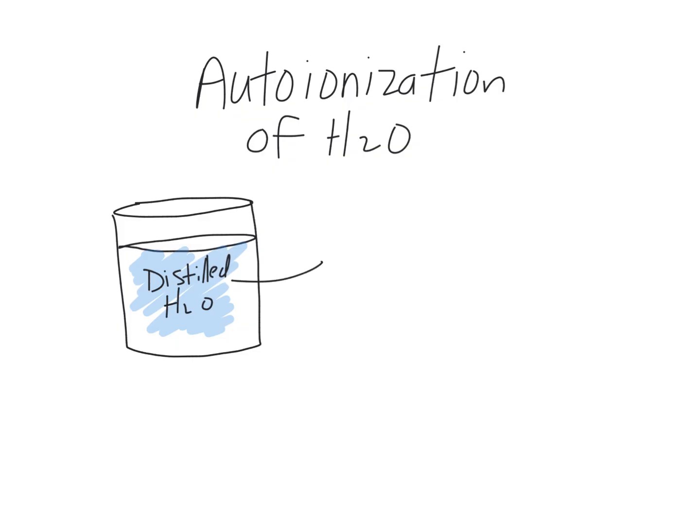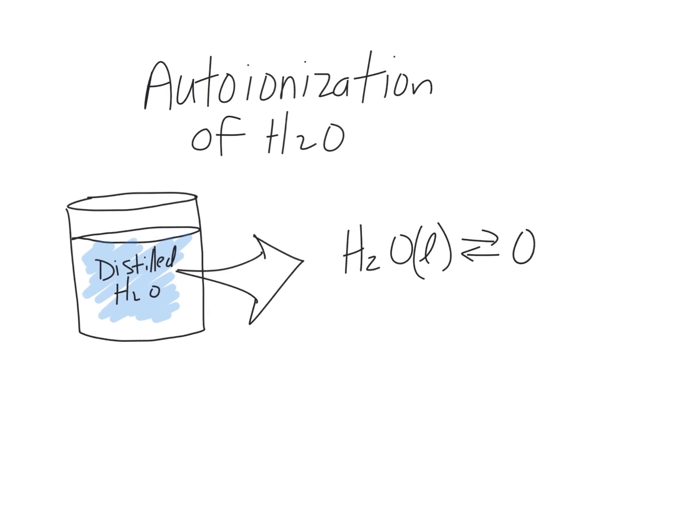Okay, if we look at what's actually happening in that container of water, in reality, it's not just H2O molecules, but those H2O molecules exist in equilibrium with hydroxide and hydronium ions, okay?